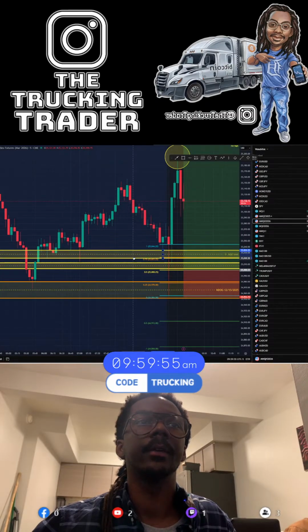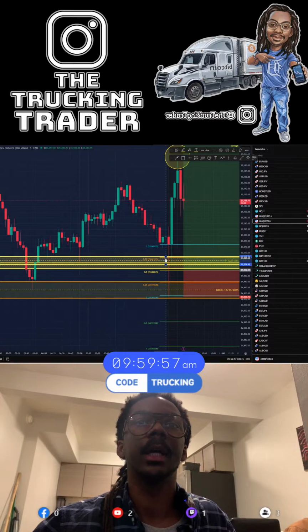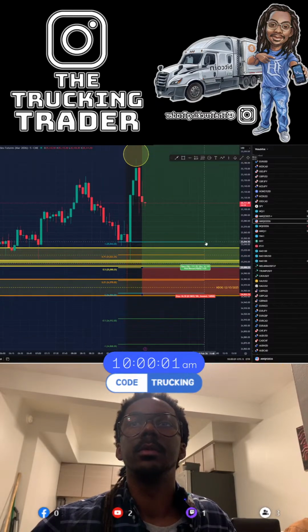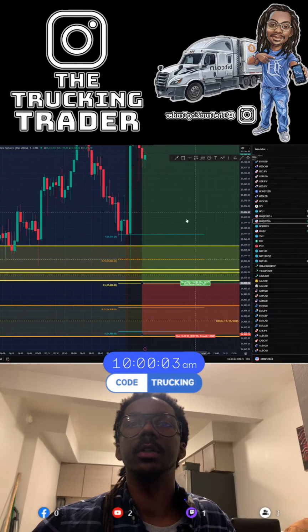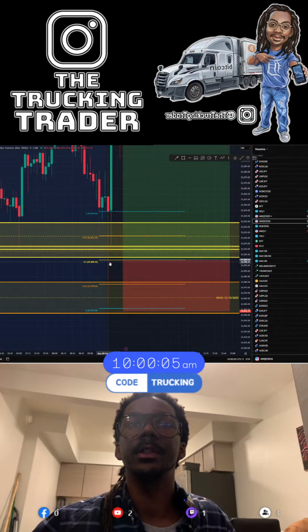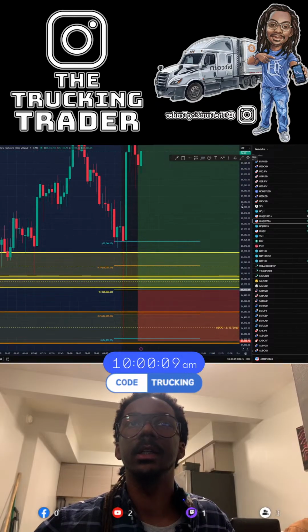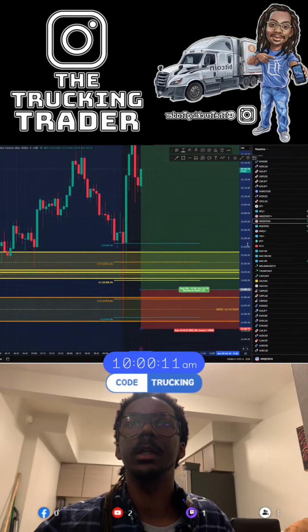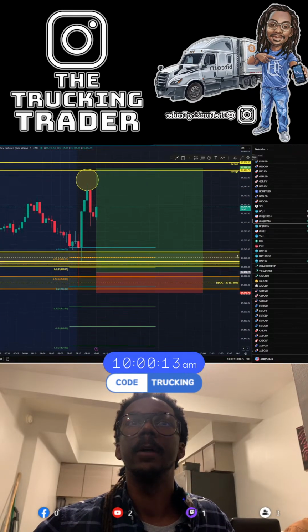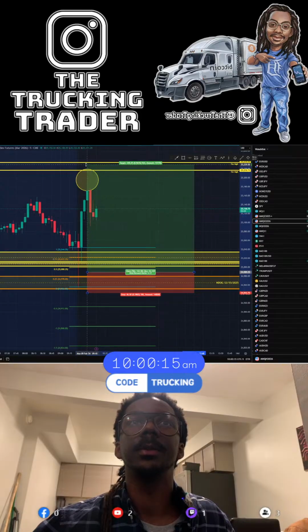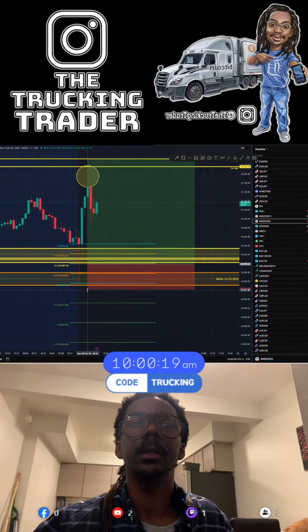And then we have this inversion fair value gap down there as well. And that's pretty much the midpoint of this wick as well. So this entire area is the area of interest that we're going to be looking for right now. Unless the market just goes up here and takes out liquidity without us, then there's nothing we can do about that.